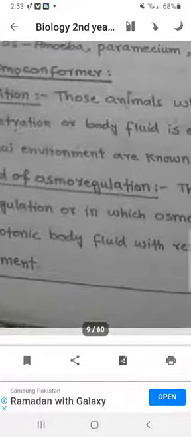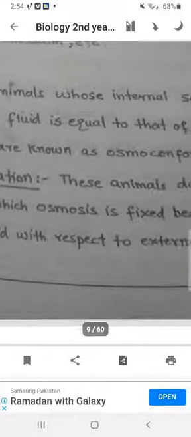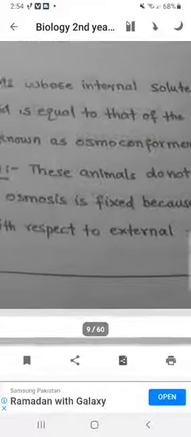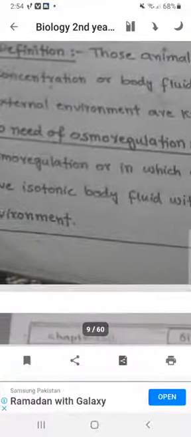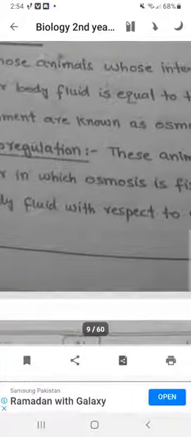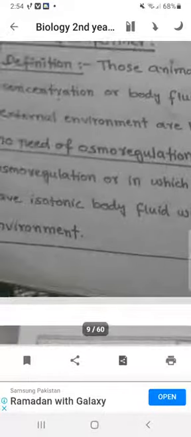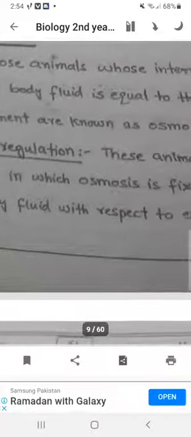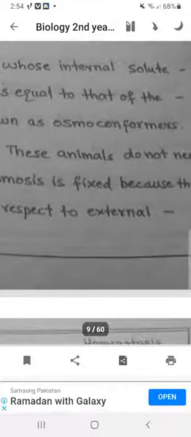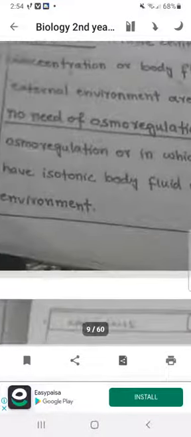Number 2, osmoconformers definition: those animals whose internal solute concentration or body fluid is equal to that of the external environment are known as osmoconformers.